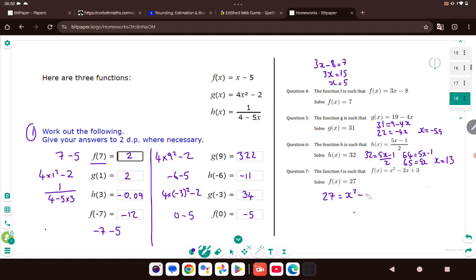Hopefully you notice for this we have a quadratic equation, which needs to be equal to 0. So I need to take 27 off both sides. Times to get minus 24, add to get negative 2, minus 6, positive 4. So x equals 6 or x is equal to negative 4.